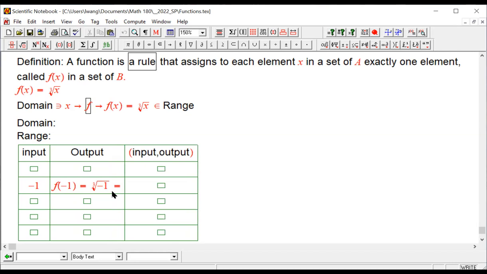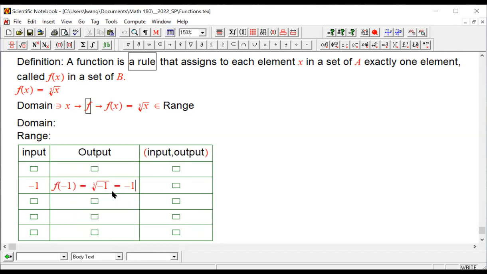The cubic root of -1 is -1 because -1 raised to the 3rd power is -1. Therefore, for the input -1, we have exactly one output, -1. And so in this case, -1 can be in the domain.